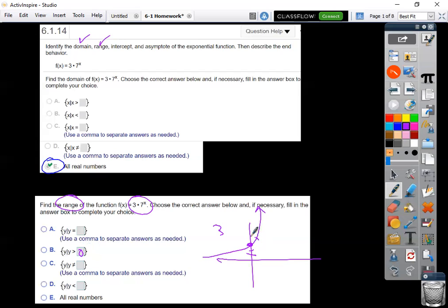My x-intercepts, we talked about that right there. So my y-intercept is when x equals 0. When y equals 0, this will never have a solution, because y equals 0 is the x-axis. So there are no x-intercepts.